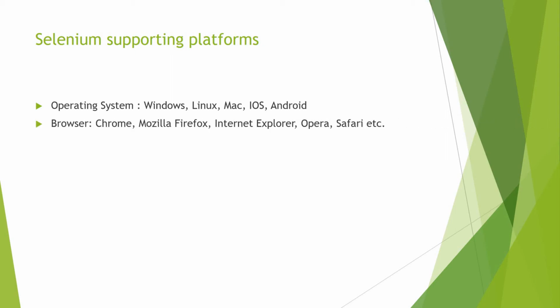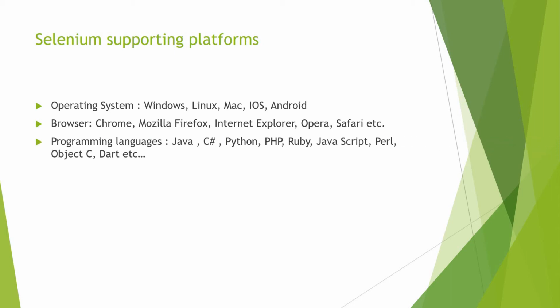And the browsers it supports: the Chrome browser, we can execute our applications in Chrome, and Mozilla Firefox, Internet Explorer, Opera browser, Safari browser, etc. And the programming languages it supports are Java, C#, Python, PHP, Ruby, JavaScript, Perl, Objective-C, Dart, etc. All these programming languages are supported by Selenium.